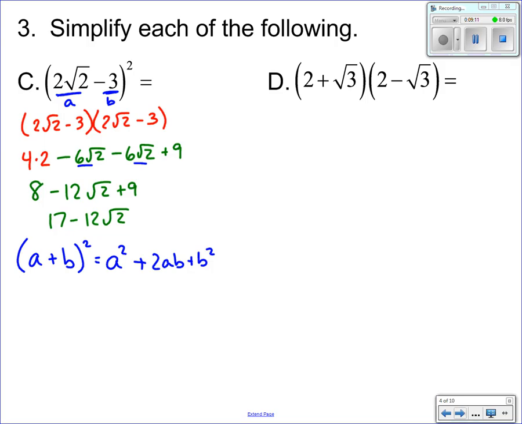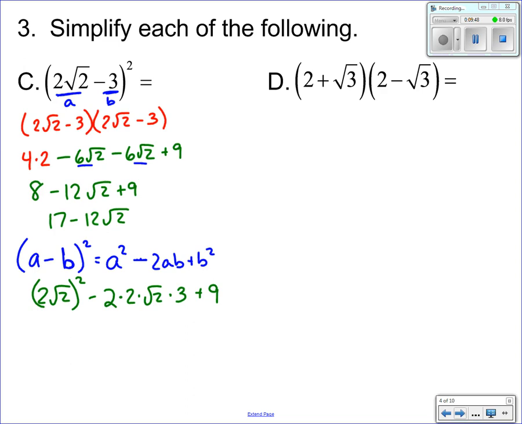Well, I have a minus, so in the middle here that's going to be a minus sign, and this is going to be a minus sign there. So a squared, a, we said was 2 root 2. 2a times b. So I'm going to write out 2 times 2 root 2 times b plus b squared plus 9.